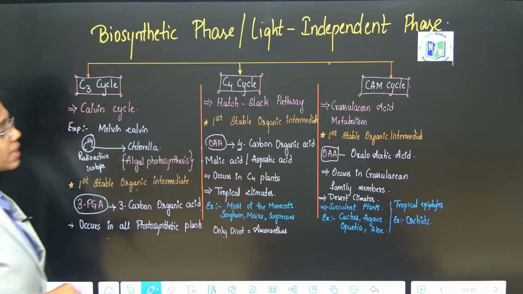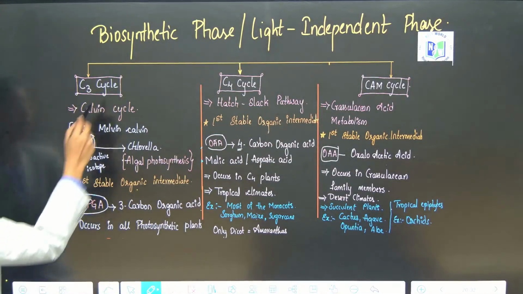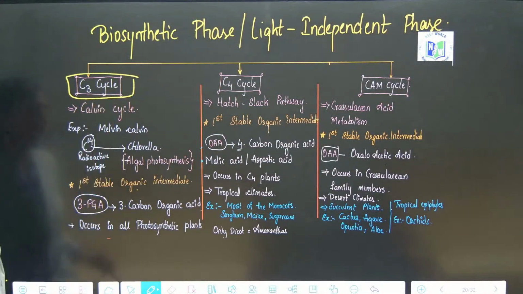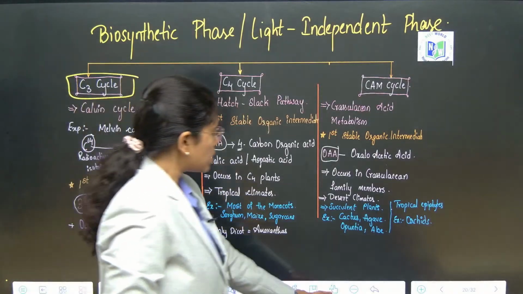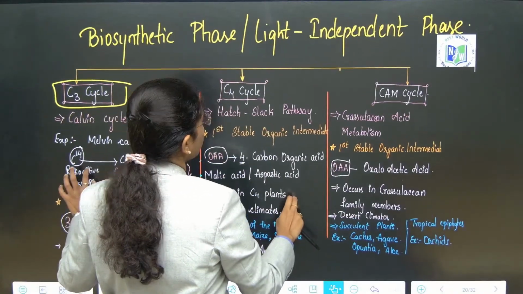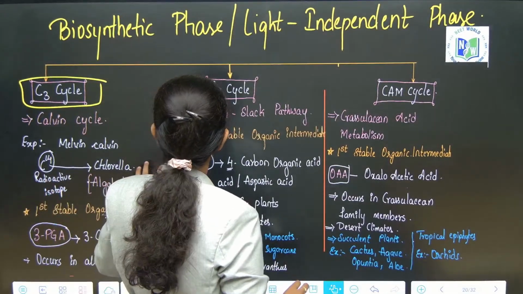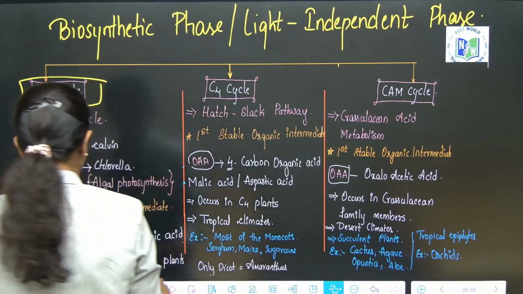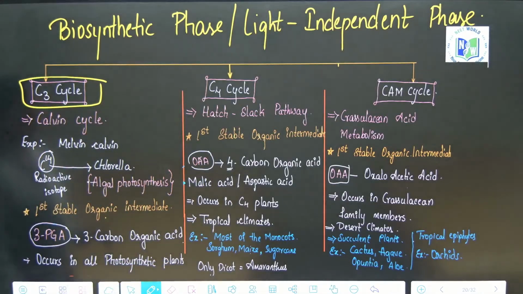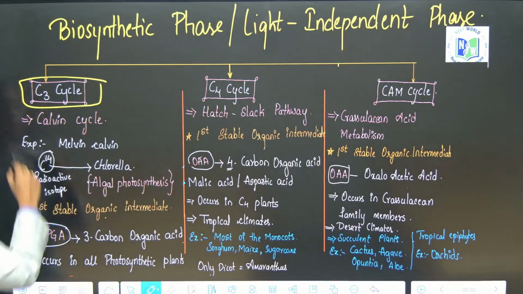We have 3 cycles we have observed: C3 cycle, C4 cycle and CAM cycle. C3 cycle is operated in all the plants. C3 cycle is observed in all the plants.